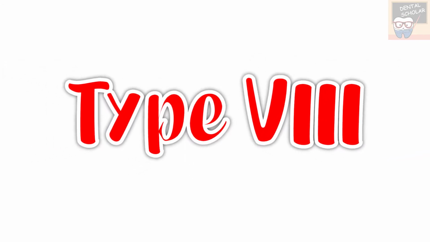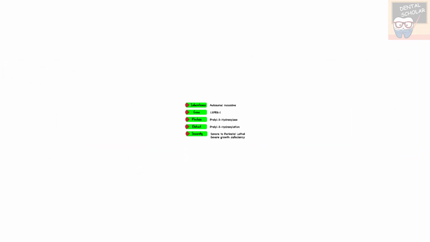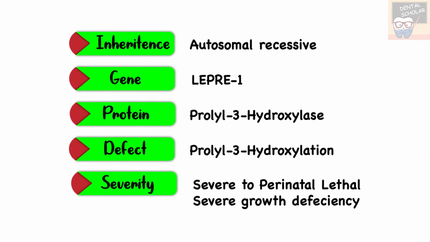Next is type 8 osteogenesis imperfecta. Again, it is autosomal recessive. The gene involved is LEPRE1 gene, also known as P3H1 gene. The protein affected is prolyl 3 hydroxylase, and just like type 7, the defect is in prolyl 3 hydroxylation. Again, it is severe to perinatal lethal, just like type 7, and there is a severe growth deficiency.